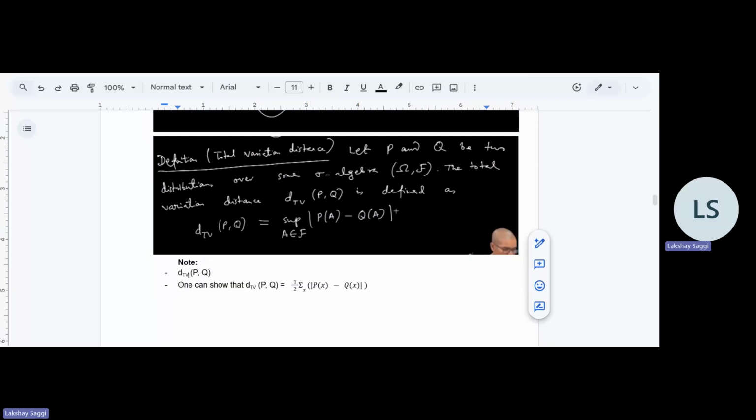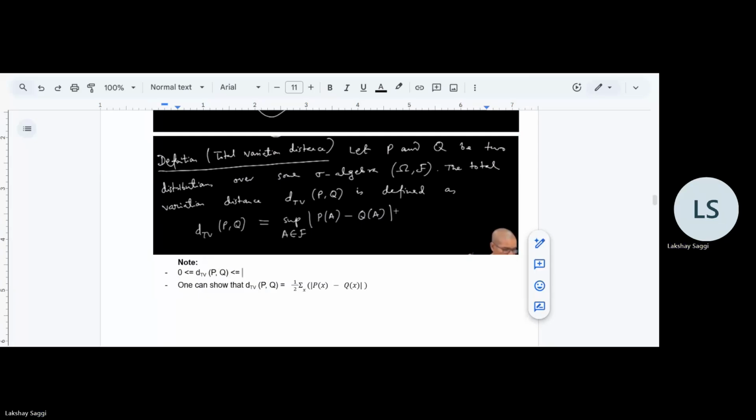So given this quantity, total variation distance is always greater than or equal to 0. Why is this the case? This is because it's a supremum over some mod value, and the mod is always greater than or equal to 0. You can think of supremum as max. Supremum makes more sense over infinite sets, but for finite sets you can think of it as just max.